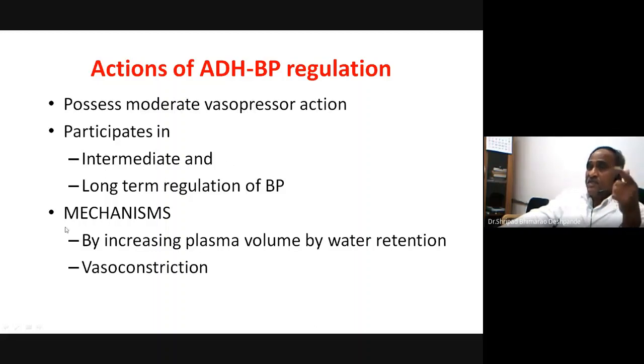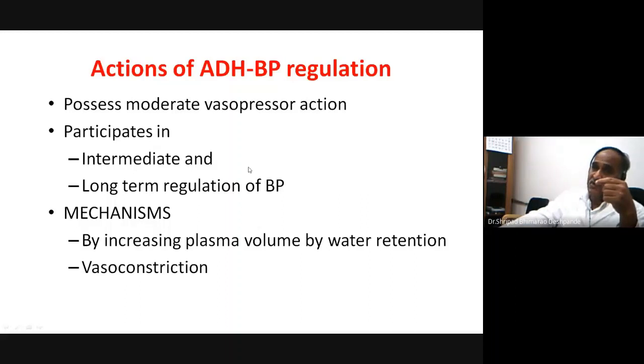In the intermediate and long-term regulation, we have the renin-angiotensin pressor system, the renin-angiotensin-aldosterone mechanism, and other mechanisms participating, such as the thirst mechanism and vascular biophysical components. That means vascular relaxation or contraction. So those biophysical parameters also play a role. In the long-term regulation, it is the aldosterone, the renin-angiotensin-aldosterone mechanism. Also the vasopressor response adds to that mechanism.